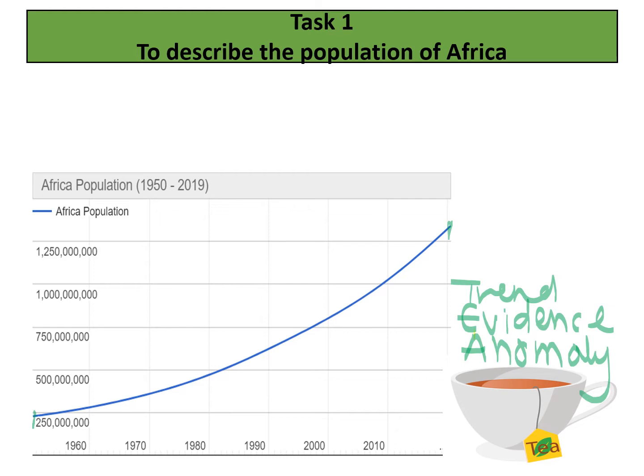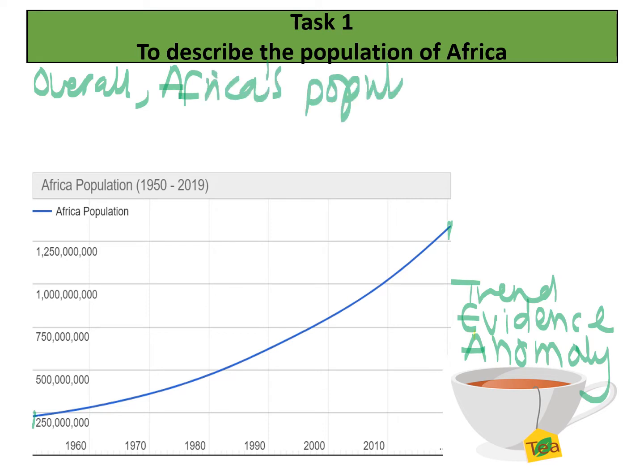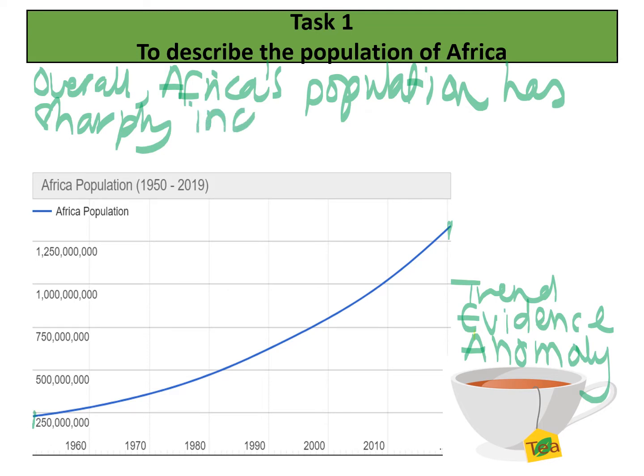So our trend would be that overall Africa's population has sharply or rapidly increased. So that is our trend. We've given the pattern.